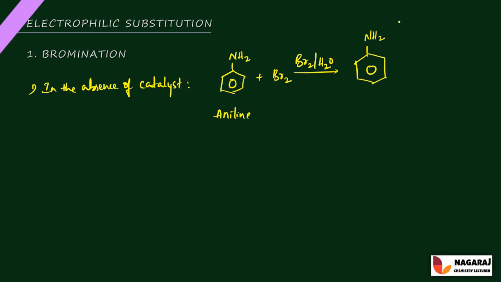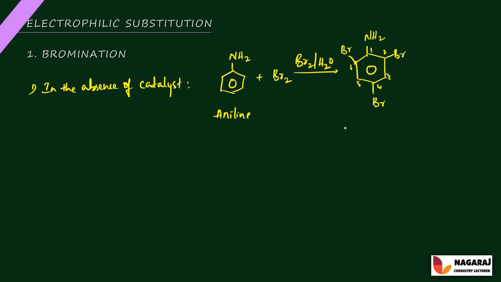The electrophile is Br, so this Br attaches at the ortho as well as the para positions. Numbering 1, 2, 3, 4, 5, 6, at the second, fourth and sixth positions there is a bromine.